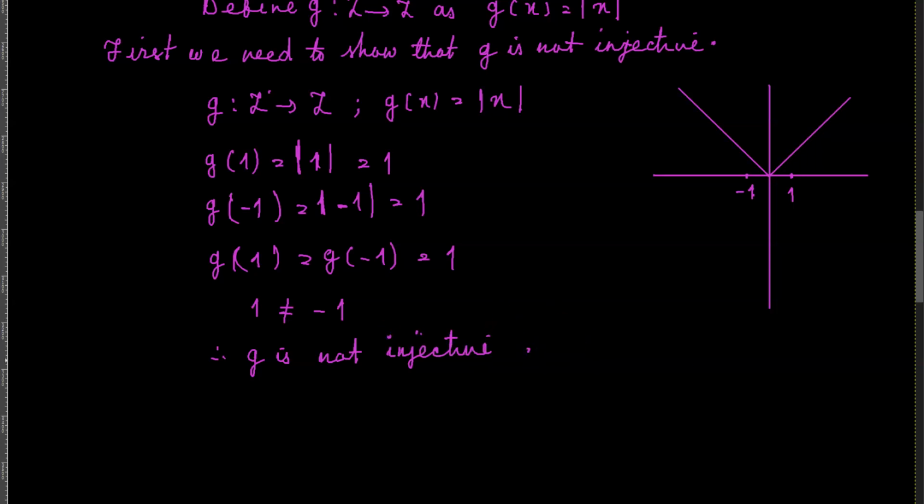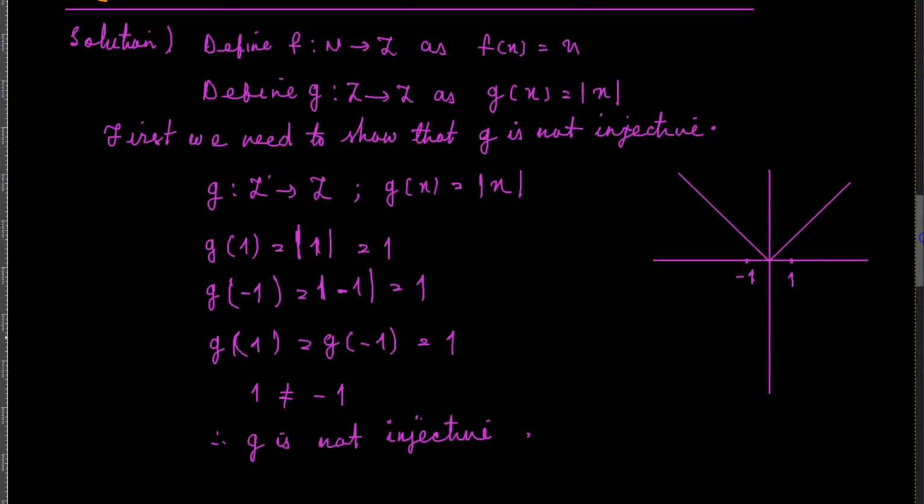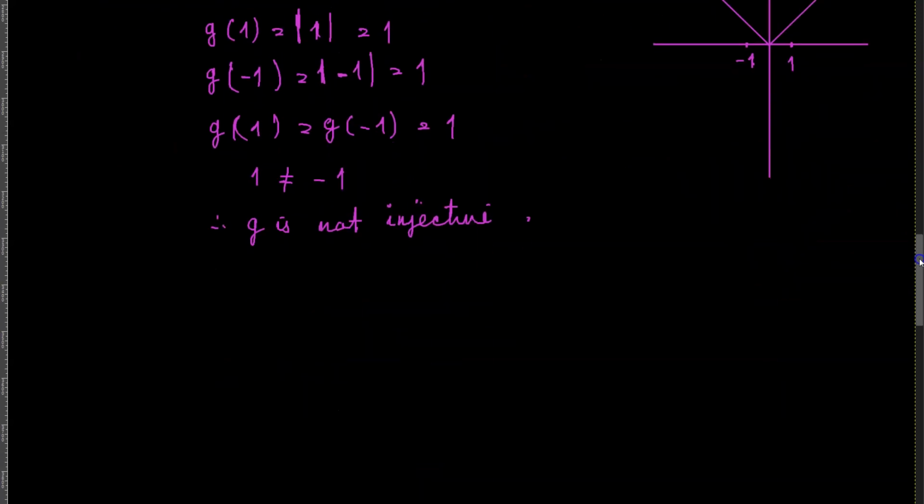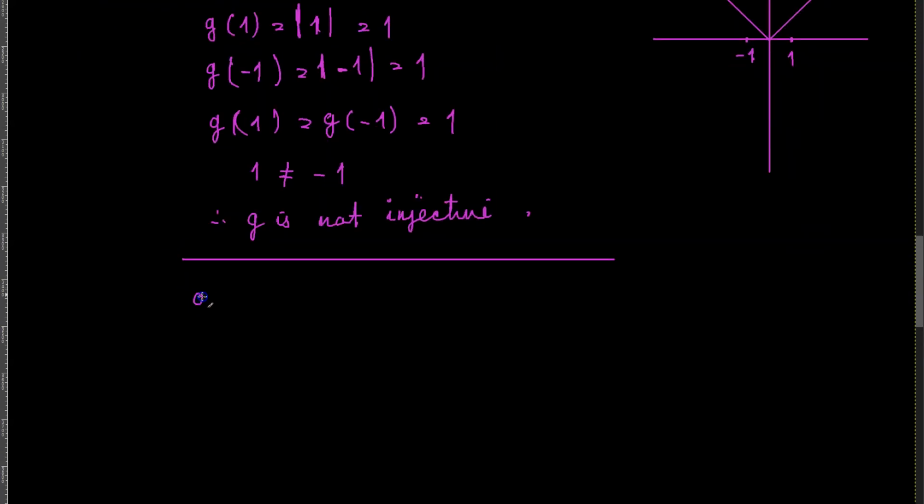Now, the next part of this question, you need to show that g of f is actually injective. So g of f is a function from N to Z. And g of f is the same thing as g of f of x.